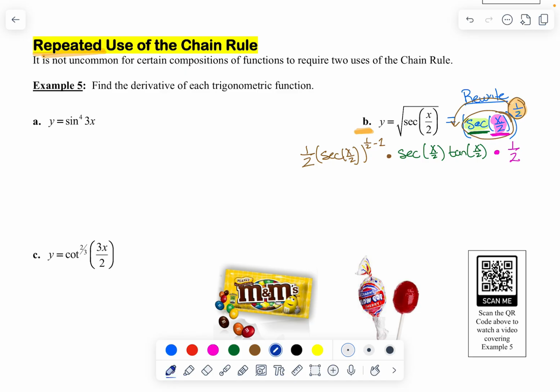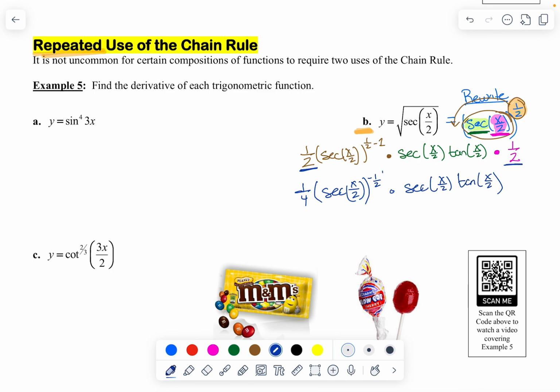And then, of course, the final step would be to clean it all up. I'm going to multiply that half by that half. I'm going to get 1/4. This is going to be secant of x over 2 raised to the negative half times secant of x over 2 tangent of x over 2.